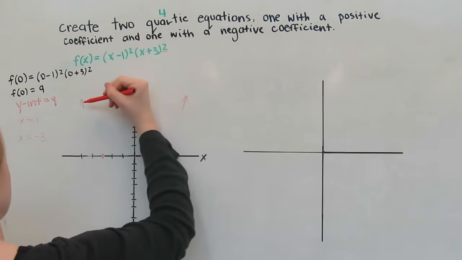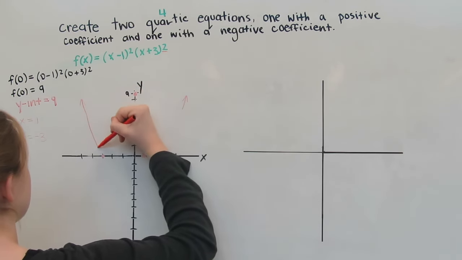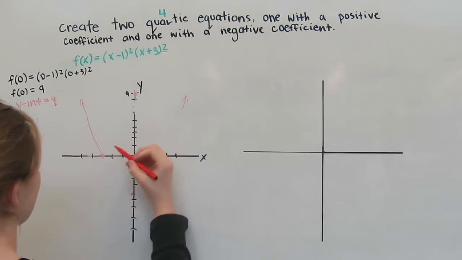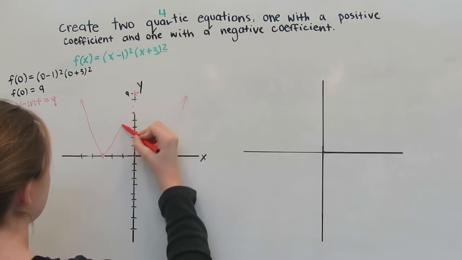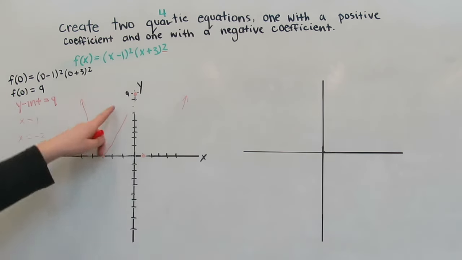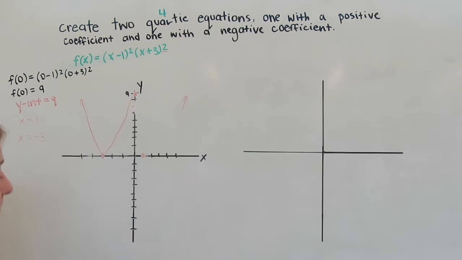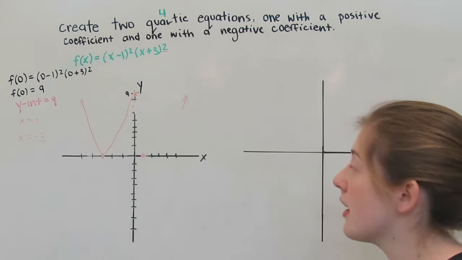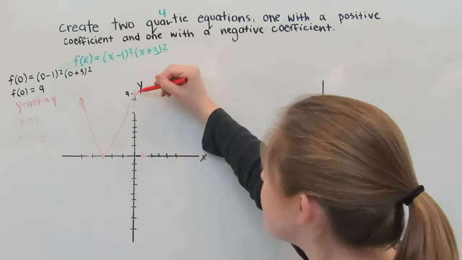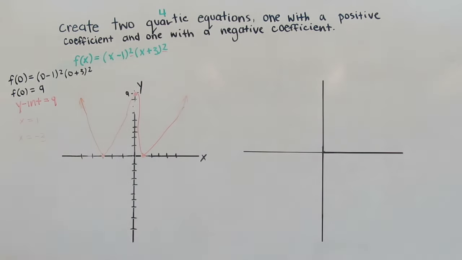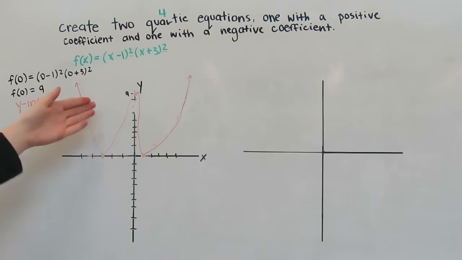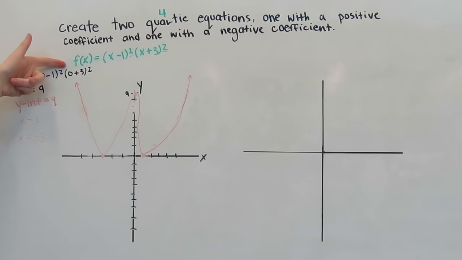So we're going to connect it. We're going to go down like this, bounce off the x-axis, come back up, and now we need to connect it with our y-intercept, like this. There's our graph. So now we have our graph for our first quartic function.